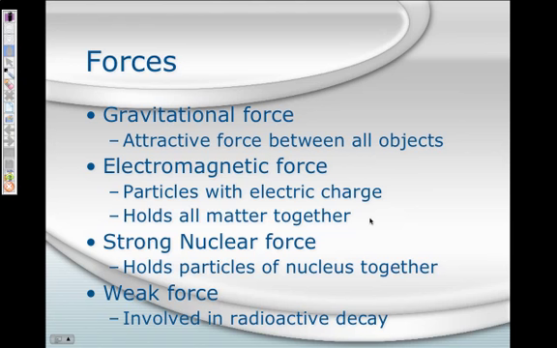So there's lots of different forces. We are going to talk mostly just about mechanical forces. And there's also gravitational force, which are attractive forces between all objects, not just between the sun and the planets or the earth and the moon.